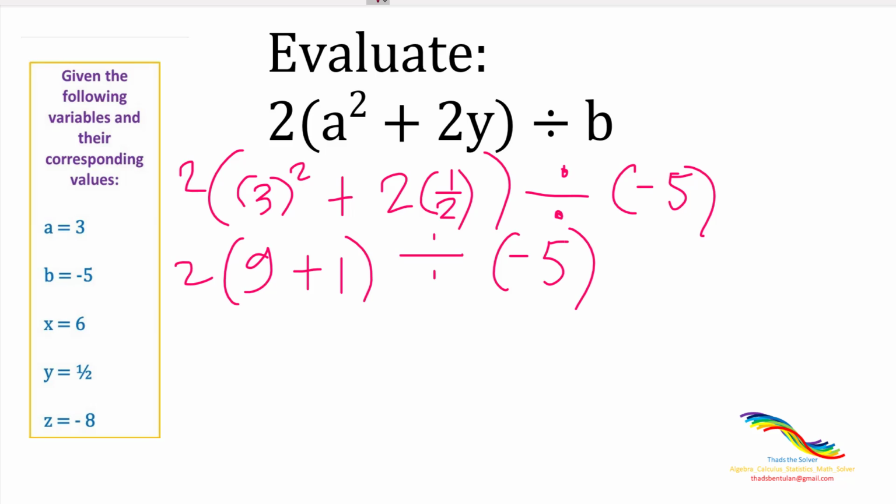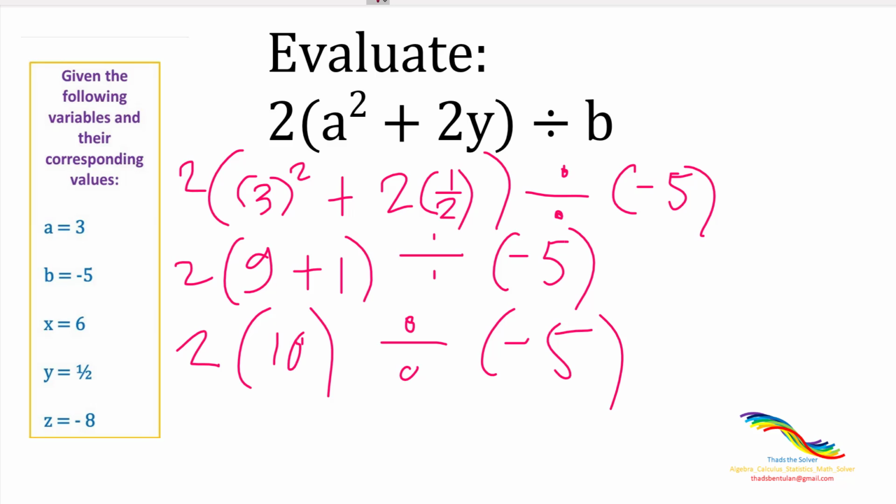We're going to simplify this. That will be 2 times 9 plus 1 equals 10, divided by -5.